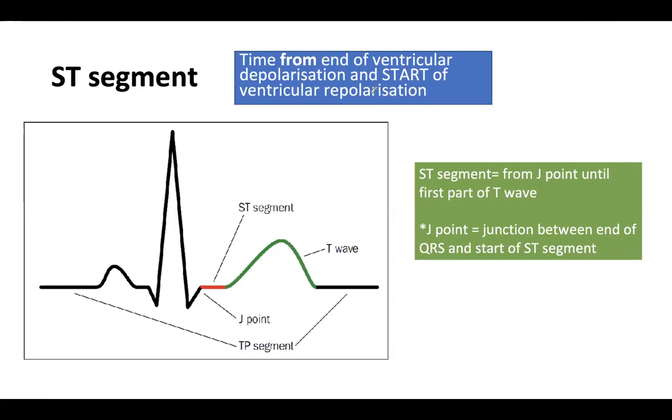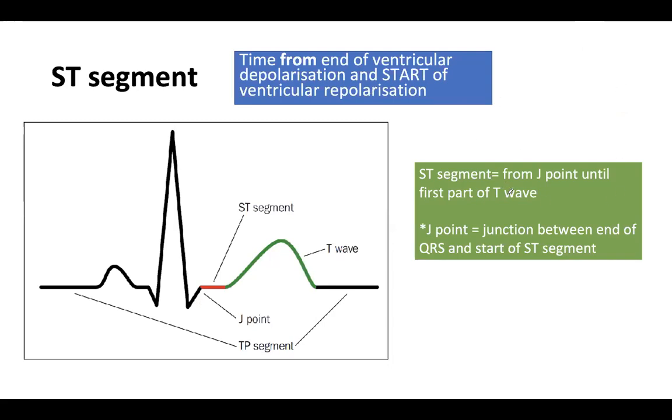So now we're moving on to the ST segment. The ST segment should generally be isoelectric. It's the time from the end of ventricular depolarization to the start of ventricular repolarization. So the end of the contraction to the start of when there's going to be relaxation, basically.